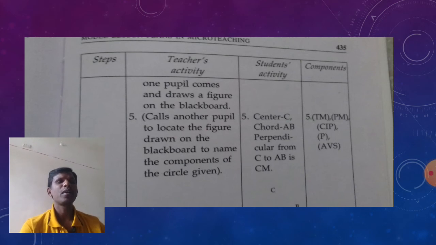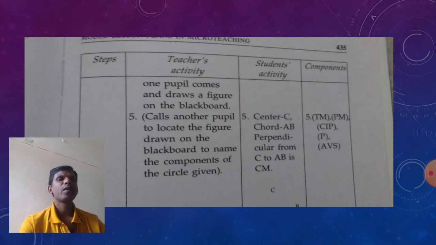So automatically the first student comes and draws the figure on the board, and the teacher wants to encourage the students to participate in the teaching learning activities. So the teacher asks students by moving in the classroom and encourages other students to name the parts of the circle which was drawn by the previous student.